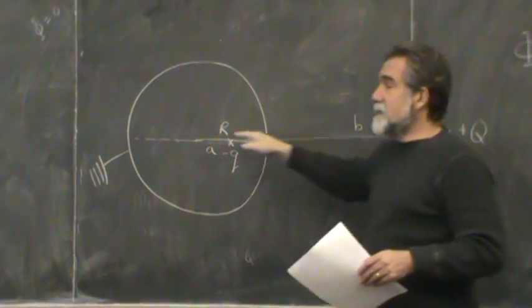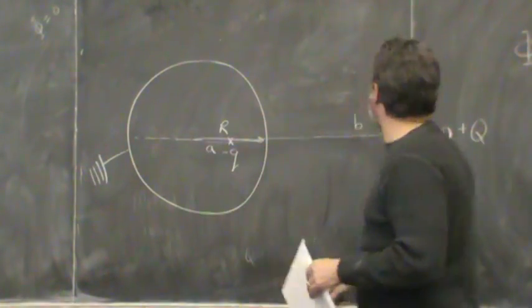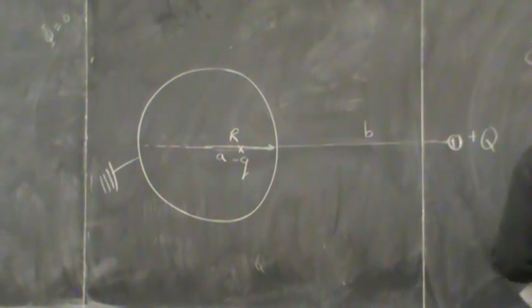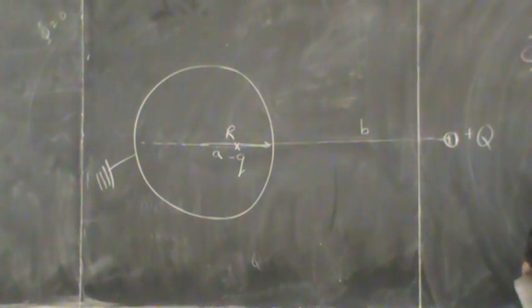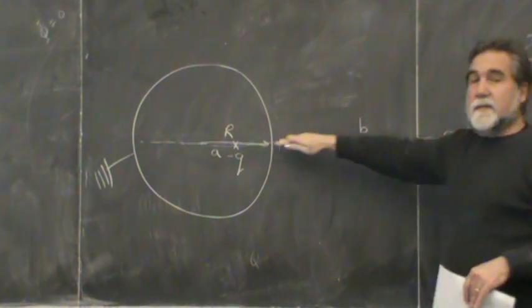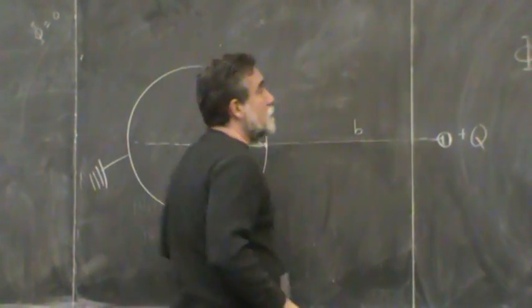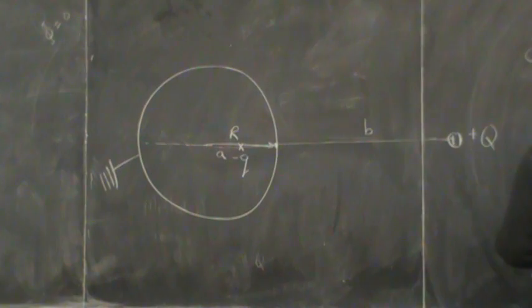Let's take this to be the z-axis. There's a symmetry here, so we'll take this to be the z-axis. And so I'll say phi at 0, 0, r. That is along this line at that point. That's got to be equal to 0.